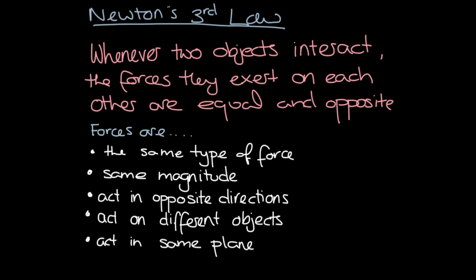So in the previous example they were both weight. They're going to have the same magnitude, they're going to act in opposite directions, they're going to act on different objects, and they're going to act in the same plane. So that just means opposite each other, parallel to each other. But a really important point to remember here, they act on different objects, they are the same type of force.